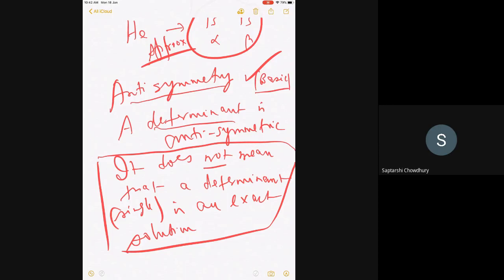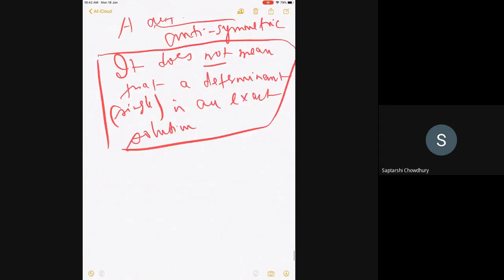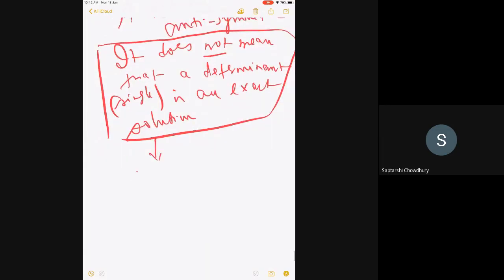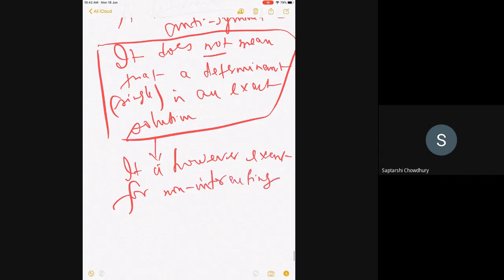Please understand, it does not mean that that's an exact wave function. It is, however, exact for a non-interacting problem, where the Pauli principle is still valid, where antisymmetry is still valid, a non-interacting Hamiltonian. Provided I choose my functions correctly.